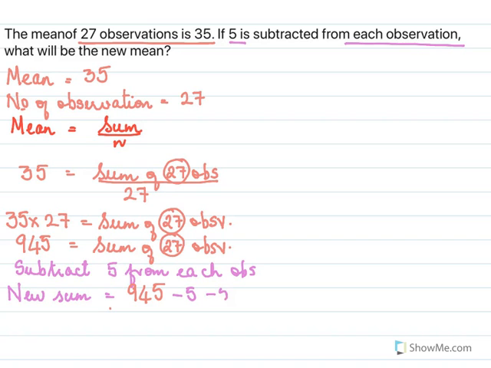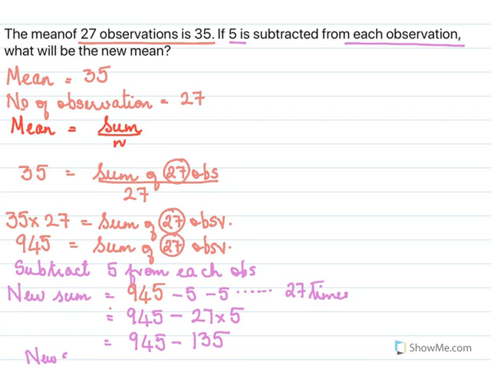So it will be minus 5, minus 5. How many times minus 5? The number of observations are 27, so 27 times minus 5. So which means 945 minus 27 into 5. That is a new sum, 945 minus 135, and the new sum is 810.